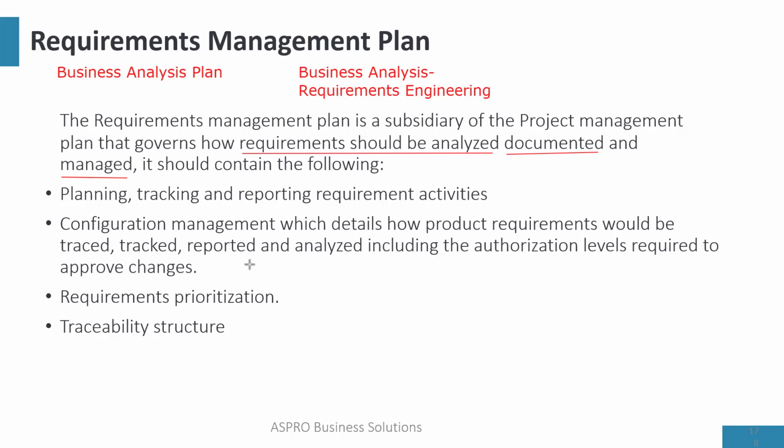And it can contain how to track and report requirements. Requirements management also includes configuration management, and that talks about how to track product changes. Now, let me explain what I mean by this. Configuration management is used in conjunction with versioning.